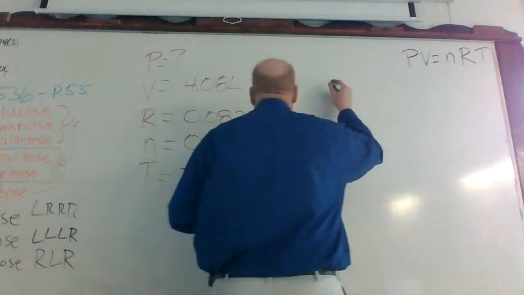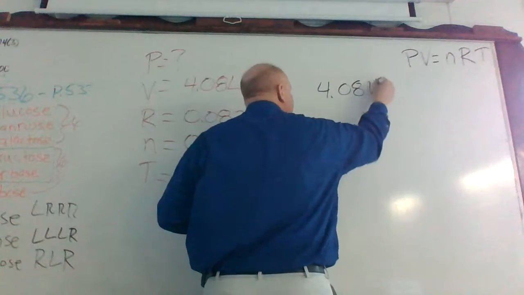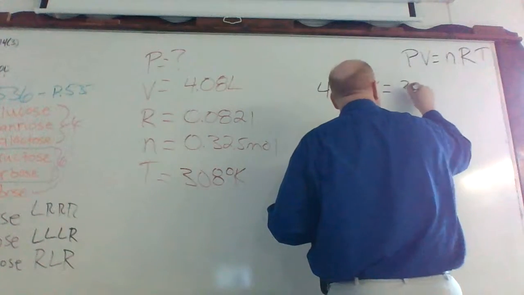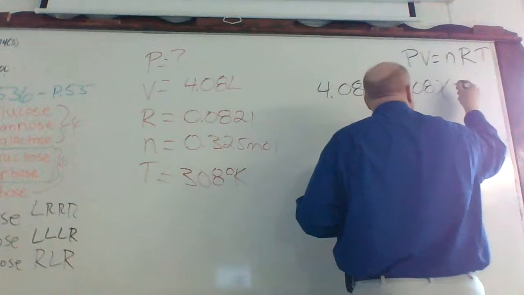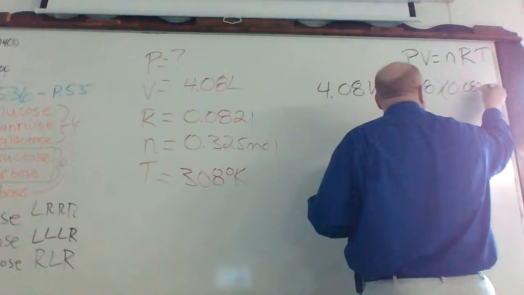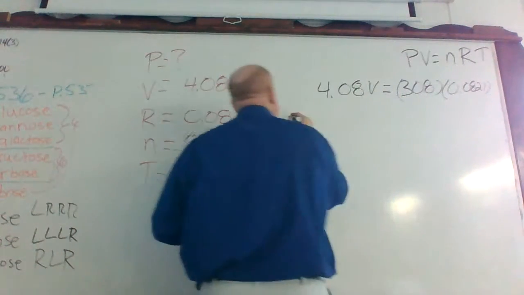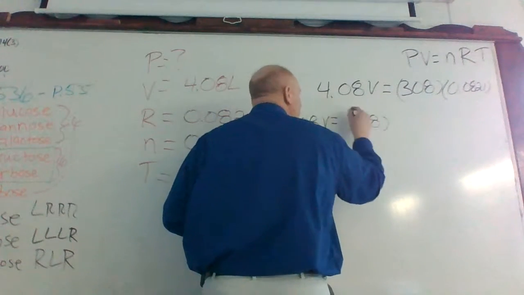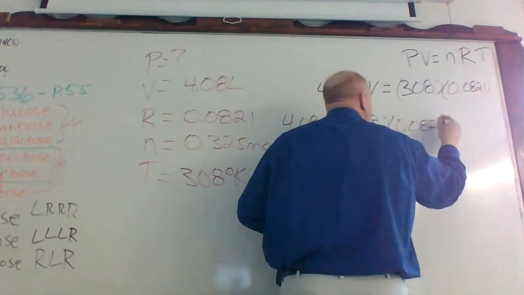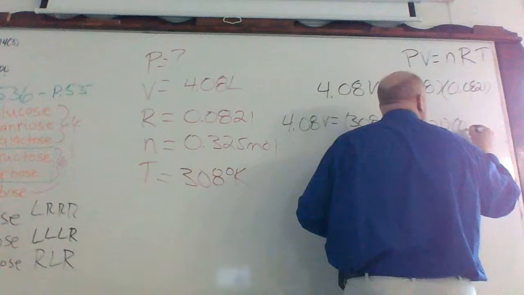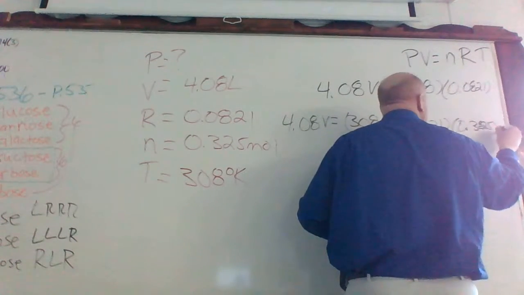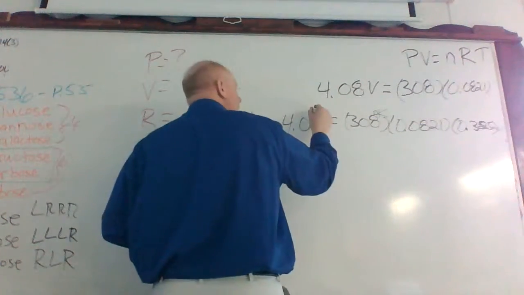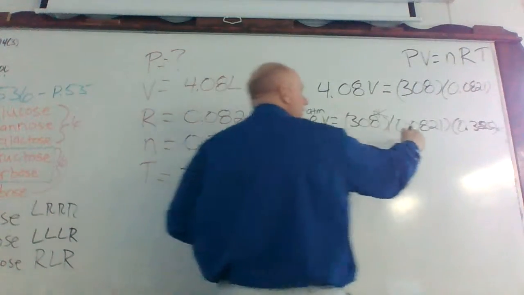So when you're solving for this, you've got 4.08 V equals 308 times 0.0821 times, darn, I ran out of space, 4.08 V. And this is why we're not too concerned with your labels. 0.325 is moles, this was degrees Kelvin, and this was atmospheres.